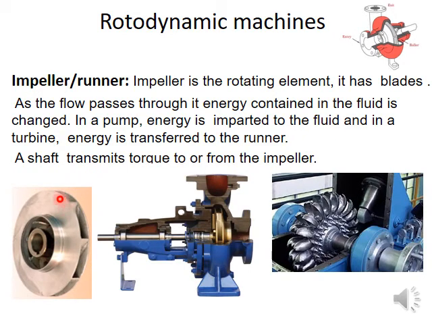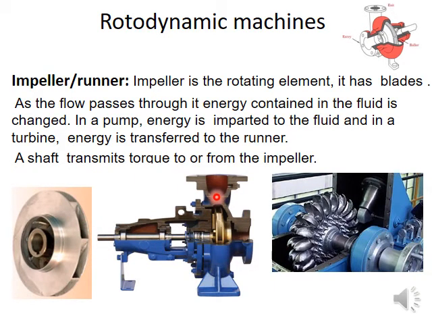Right. So this is the rotating element inside a rotodynamic centrifugal pump. And it is like this. This is the shaft and this is the impeller shown here. And this is driven by the electric motor.